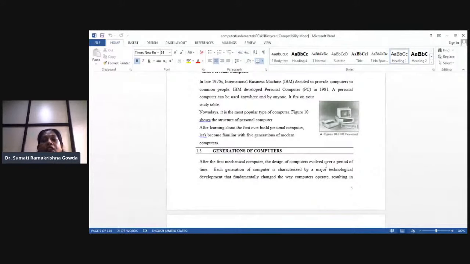After that, John von Neumann made more advancement in the machine. Because of the John von Neumann architecture, the generations of computers started. Hope you all have understood the history of computers. And now we will learn generations of computers.